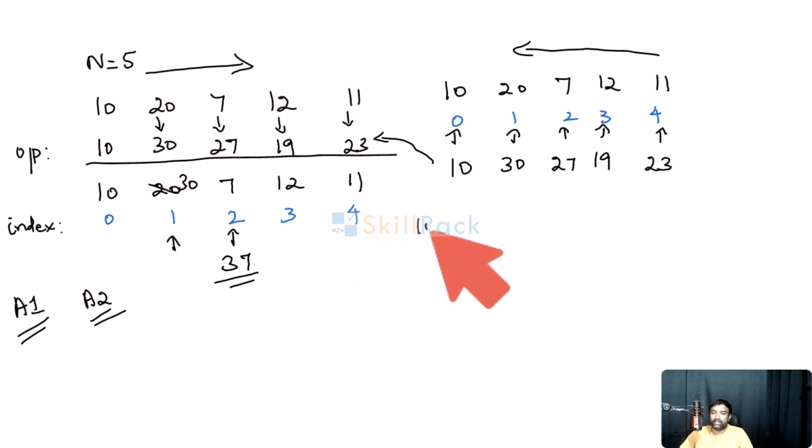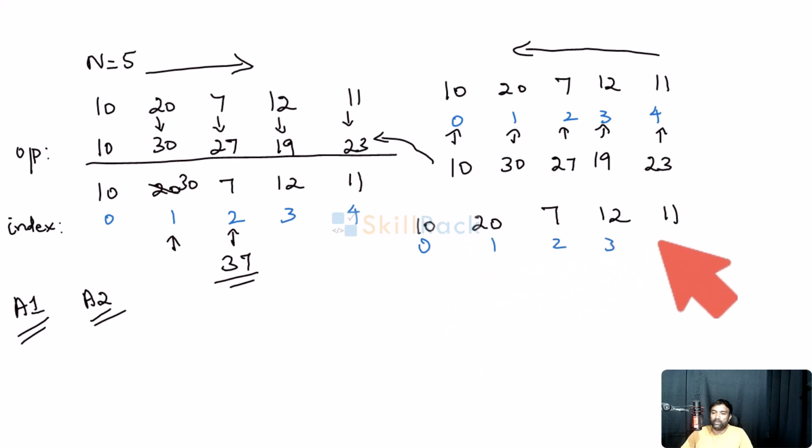So let us consider this: 10, 20, 7, 12, 11. We have the same index values 0, 1, 2, 3, 4, right? The only difference is we will have another variable called previous. So 10 you retain as such, don't touch it at all. If you are navigating from index 1 to 4, it is enough. So it will have 10.